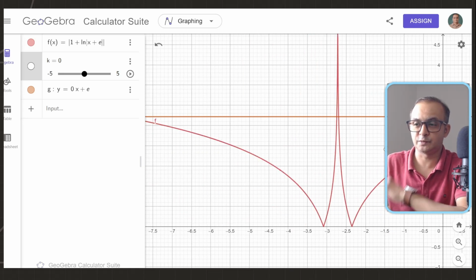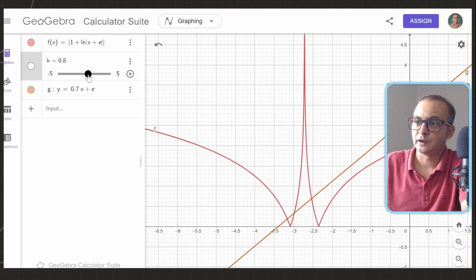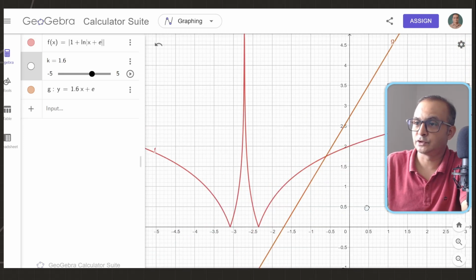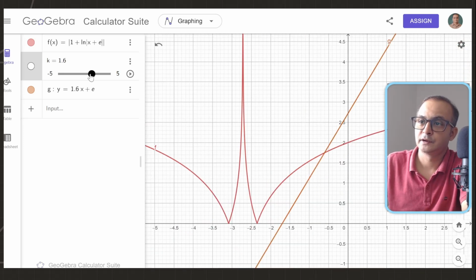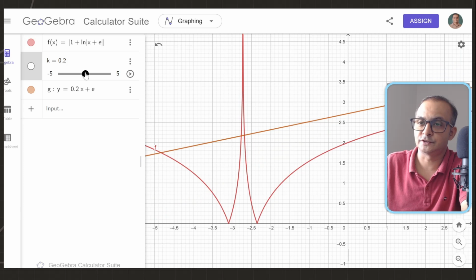So therefore the first option has 4 solutions. If I move the slider towards the positive side of the k value, I can see that at least one solution is there. You can see in this worst scenario I have one solution, but I may have 3 solutions also. If I move it this way, I may have 3 solutions.